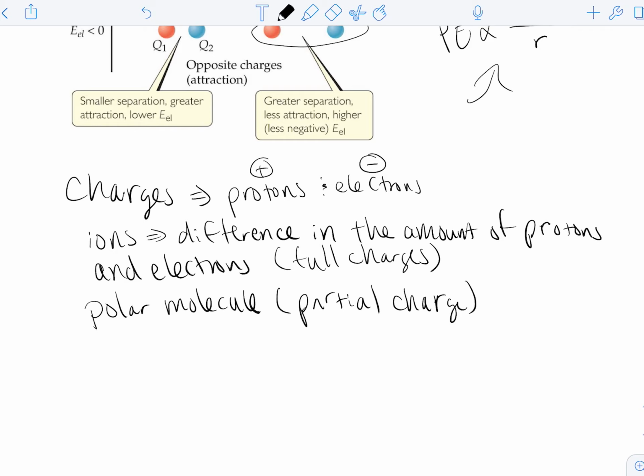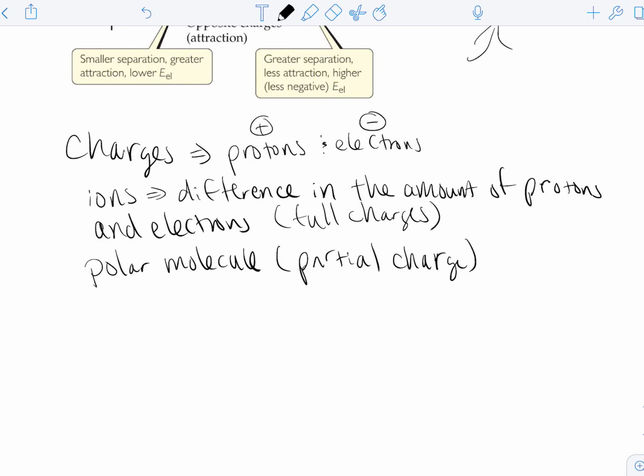If we have a molecule where the electronegativity and the electrons are balanced out throughout the molecule, then we're not going to have any partial charges. But if electron density gets shifted in a molecule due to atoms with greater electronegativity, then we are going to get partial charges because those electrons are going to shift from one area to another, leading to partial negative charges where the electron density is shifted to, partial positive where they have shifted away from. Okay, so this is going to be caused by a shift in electron density.